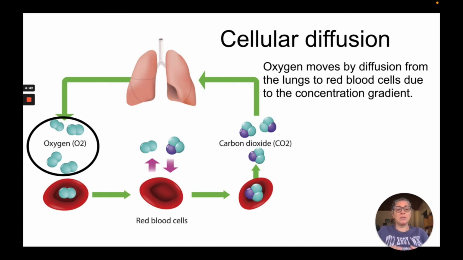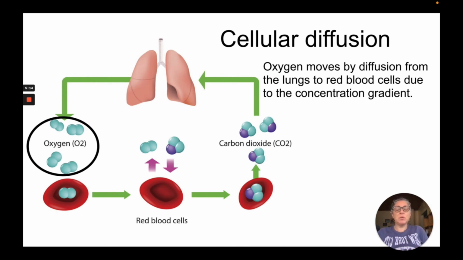Because the lungs are filled with air, which has 20% oxygen in it, the oxygen concentration in the lungs is much higher. The moisture in the lungs, as the oxygen moves in through the alveoli wall, will dissolve the oxygen and allow it to get into the bloodstream and get to the red blood cells, which are then continuously pumped to the body via the heart.